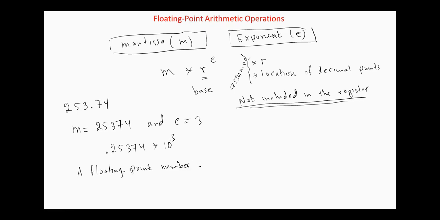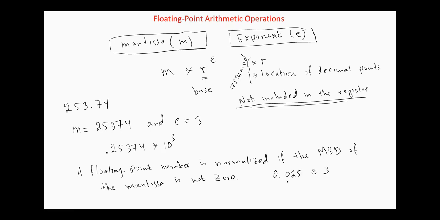A floating point number is normalized if the most significant digit of the mantissa is not 0. For example, the number 0.025E3 is not normalized.